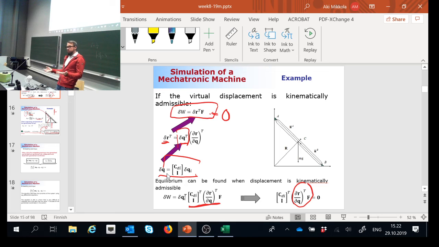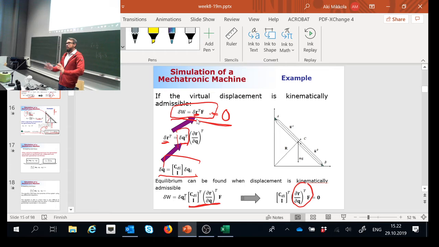Once I use this concept, and only then, I can set this equation equal to 0. And once it is set to 0, I can find where the static equilibrium is located. Clear? Makes sense? Because if I just introduce virtual displacement to all the generalized coordinates, then I'm violating the constraints, and there is no way to find the static equilibrium.